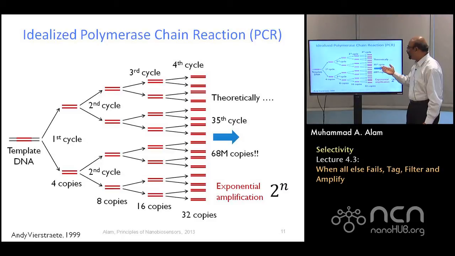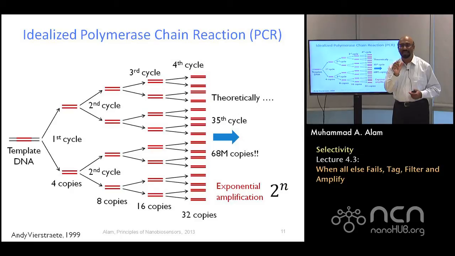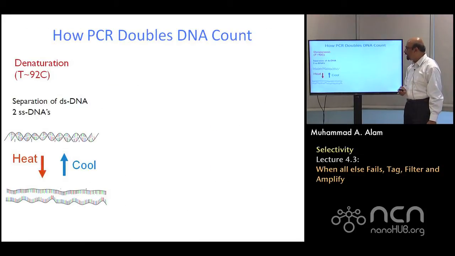And if you go to the 35th cycle, let's say, you may have 60 million copies of this. So you can start from just a single DNA, and it would be very difficult to find that single DNA in the background of other proteins. But if you amplify it, very soon this total number will be far larger than all other proteins that you have. And in that case, you'll be easily able to detect the DNA molecule.